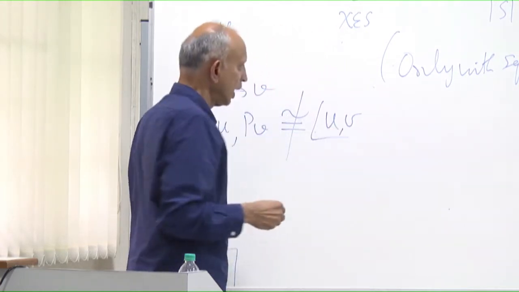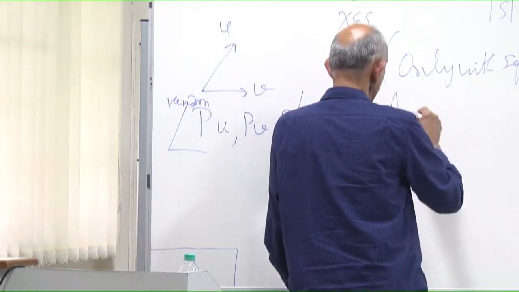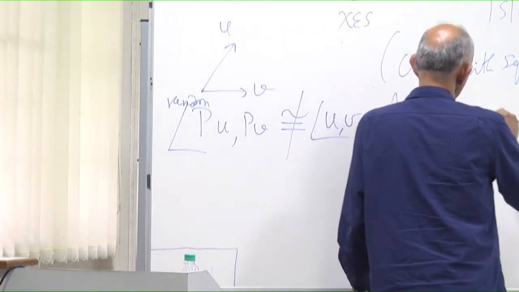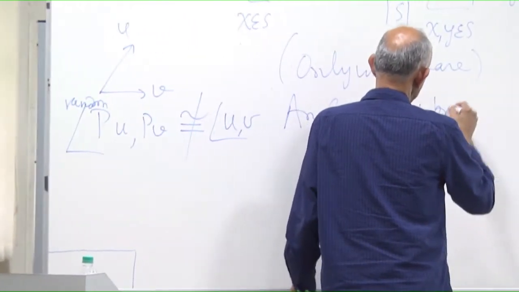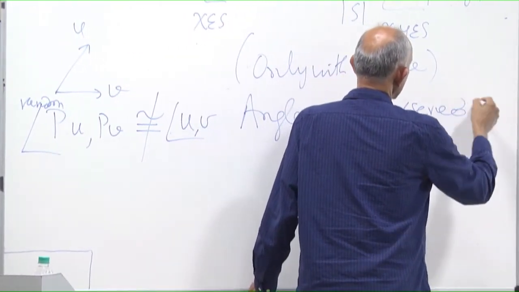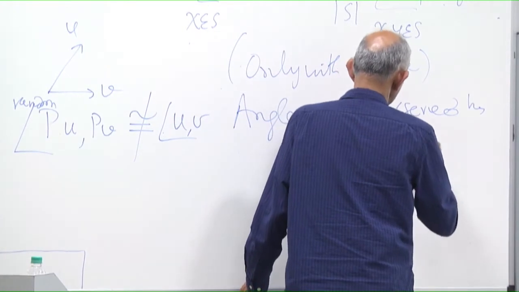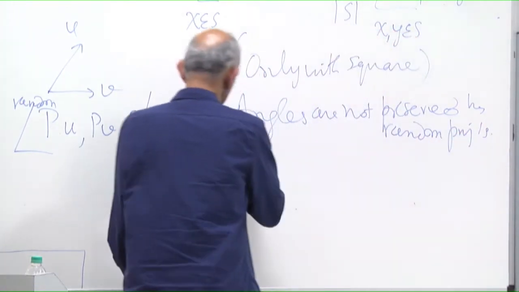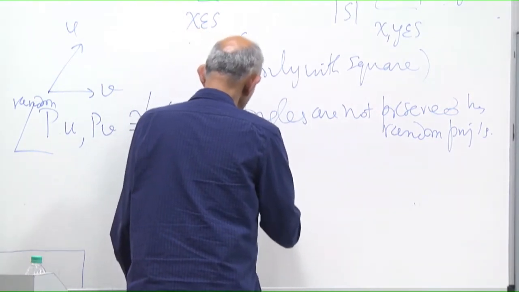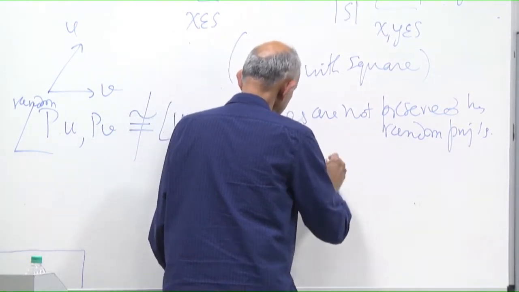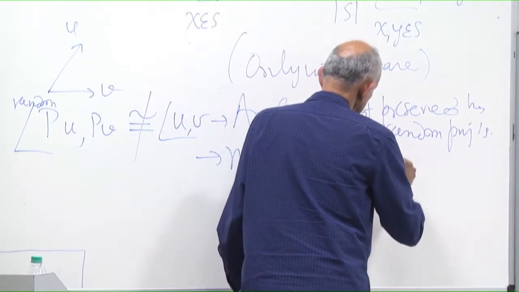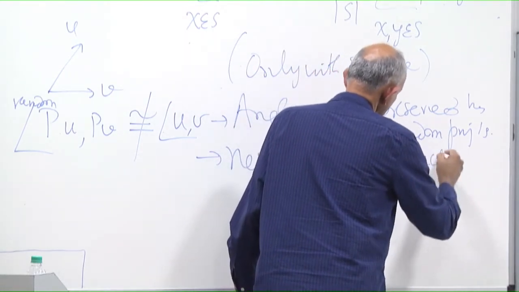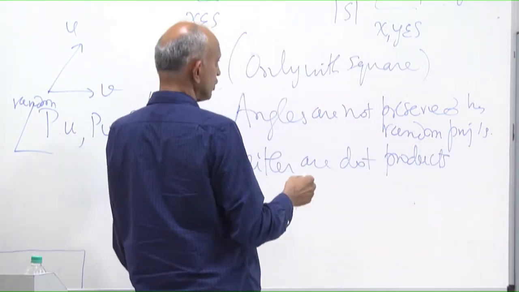So angles are not preserved by random projections. Neither are dot products. Preserved means to relative error.